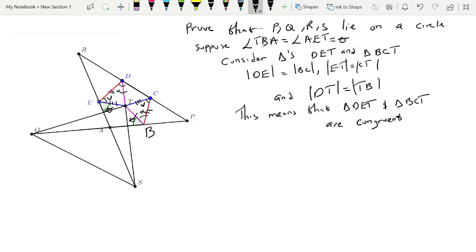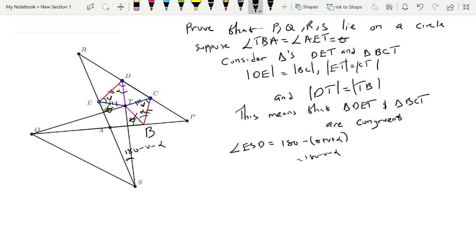So then the next thing we do, we can angle chase here. Angle ESD is 180 minus V minus alpha, from the sum of the angles in the triangle EDS.